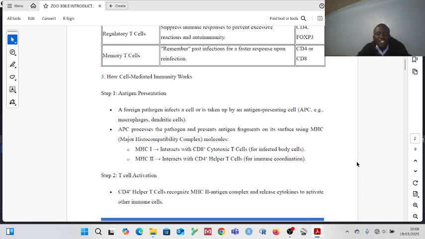They process that pathogen and they present fragments of that pathogen, which is now the antigen, on the surface of that particular cell.